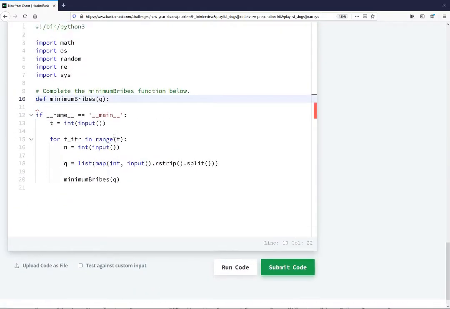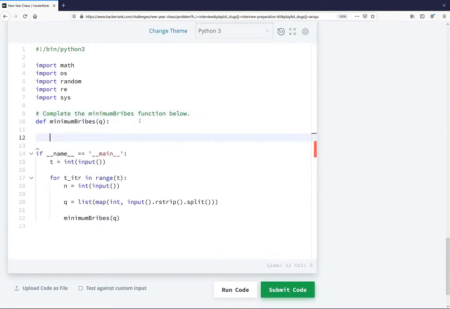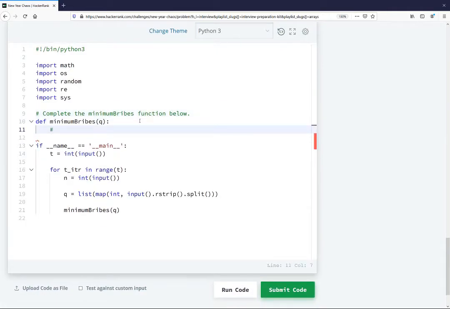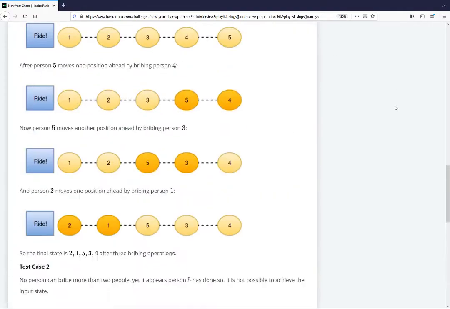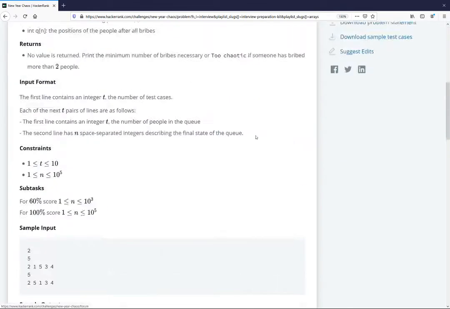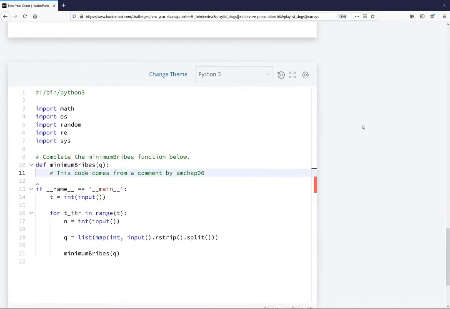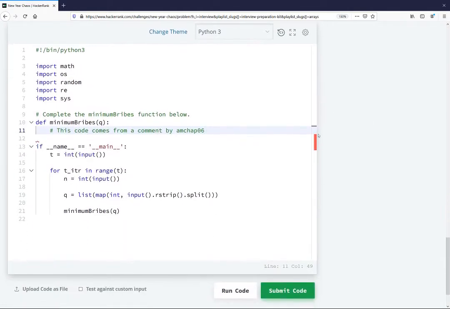Again, let's go through here. And again, I need to credit this code comes from a comment. If you just go into the discussion section, I was able to find this because I did get a little bit tripped up on thinking about what the best way to approach this would be.